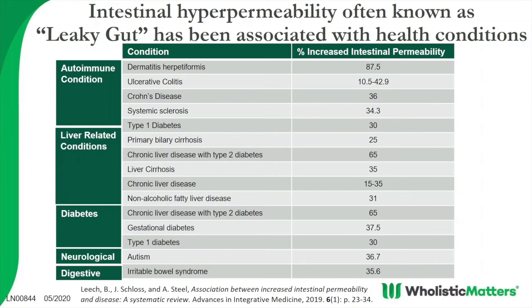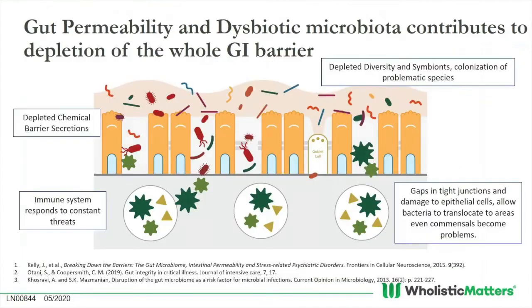Then diabetes, as well, neurological conditions like autism, and digestive conditions like irritable bowel syndrome. This leaky gut hyperpermeability is an expanding area of understanding, and it's really important to consider where it's causing problems and why.